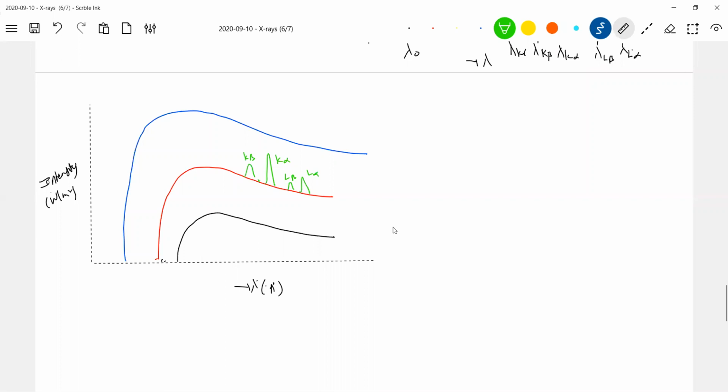For the same material, will K alpha and K beta show up in some other place or the same place? K alpha and K beta don't depend on accelerating voltage, so we have to show them at the same place. So we'll produce a line.